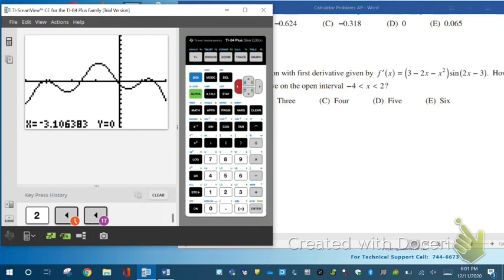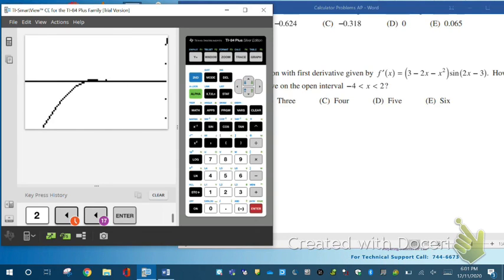And now when this blows up, remember we want to see if there's 1 or 2 or no x-intercepts here. Zooming in on that spot at about -3-ish, hit enter. To me, it looks like it crosses twice there. I could zoom in again if I wanted to, but I'm pretty sure that that's going to cross twice. Enter. There you go. Definitely that's 2 more.